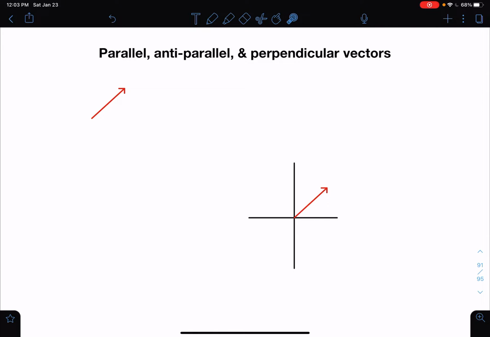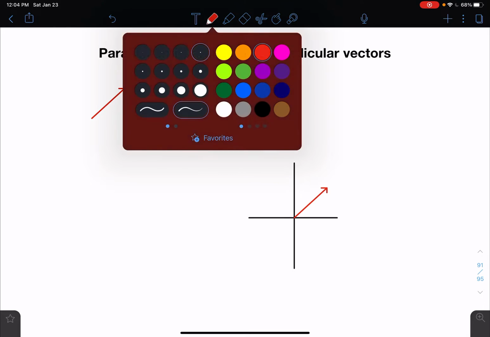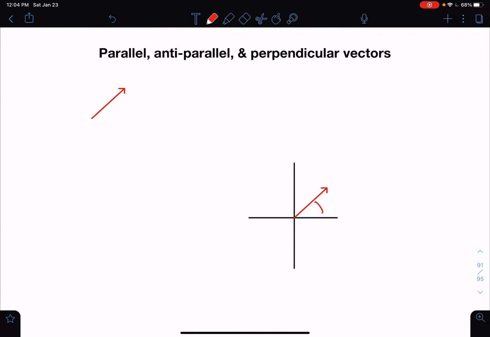The way we can tell if two vectors are parallel is if they have the same angle relative to some reference, like the vertical or the horizontal, and if they're both pointing in the same quadrant. So here, with this vector, for example, let's just make up some angles. I'll say that this angle is 30 degrees to the horizontal, and this other angle right here, 60 degrees.